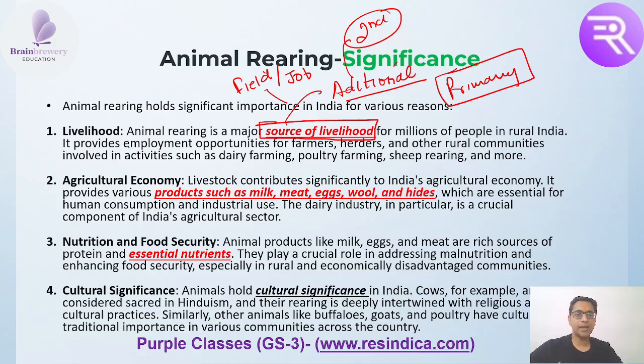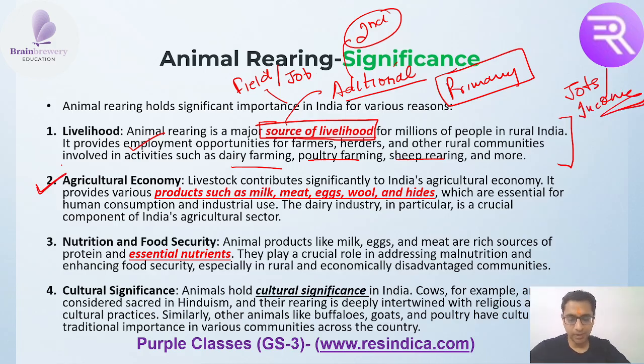So this is also providing employment opportunities. People are working in dairy farming, poultry farming, sheep rearing, and various other things, and this is generating jobs and providing income to the people, right? Then it is boosting the agriculture economy because it is creating a lot of products like milk, meat, eggs, wool, hides, etc. We even see that some insects are being utilized for creation of colors also, right?